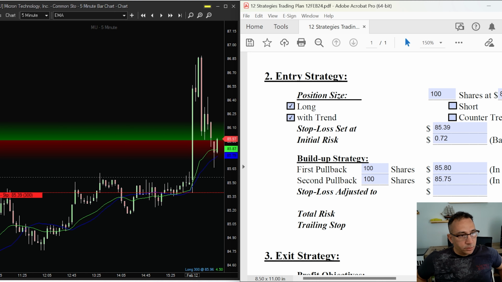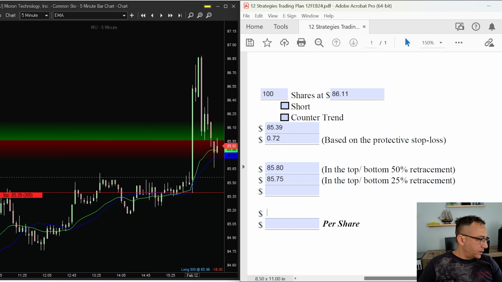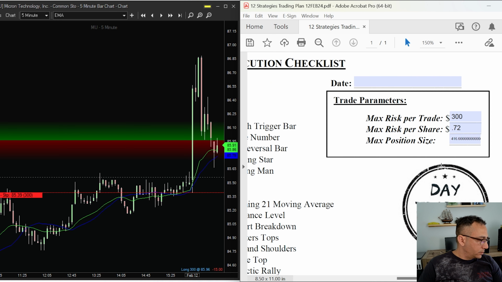So we have about 57 cents per share. Let's do the calculation. As of now, 57. So you see, we reduced it. We used to have 72, now it's 57 cents per share.